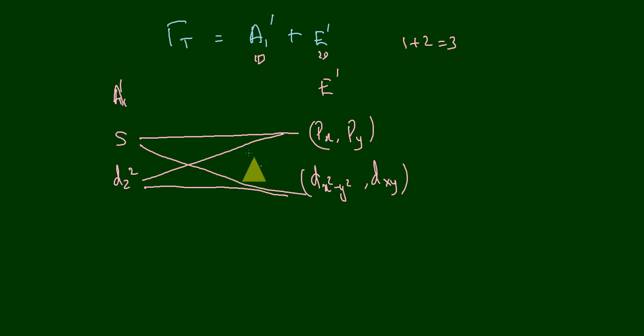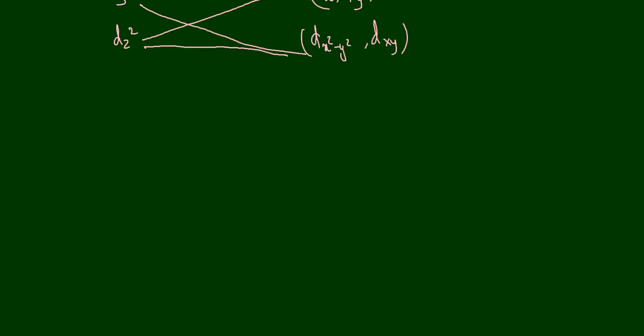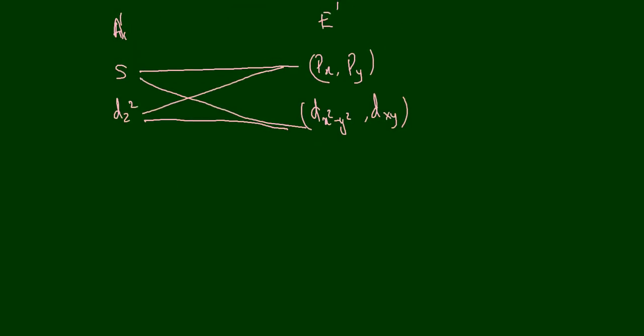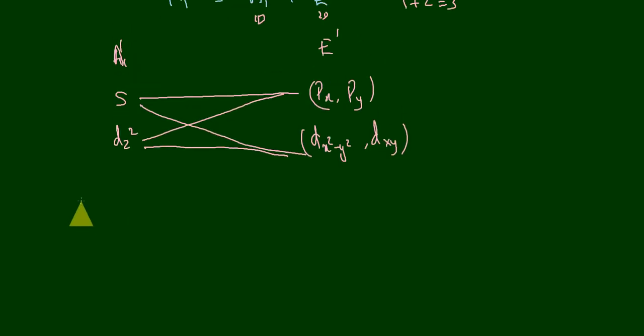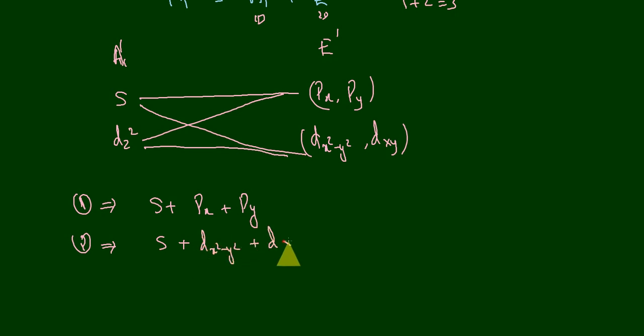So how many possibilities are there? 4 combinations are possible. The 4 combinations possible are: for the first combination, that is s plus px plus py. This is one combination. The second combination is s plus dx² − y² plus dxy.